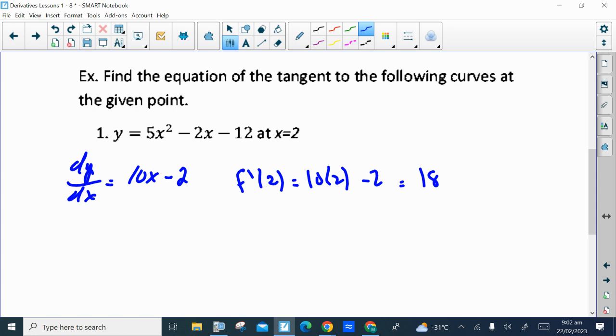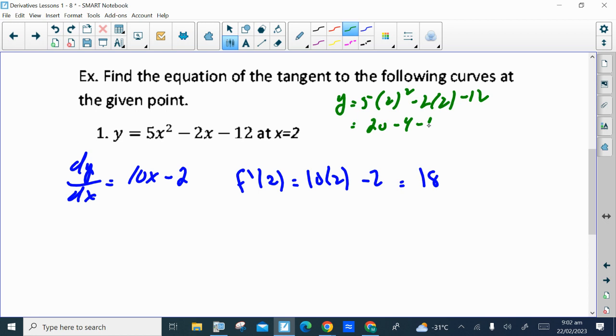And we also want to find the equation. And to do that, we have to also know the y value because we want to know the point of tangency, not just the x value, but the y value as well. So let's find it. Y equals 5 times when x is 2. 2 squared minus 2 times 2, take away 12. 2 squared is 4 times 5 is 20.